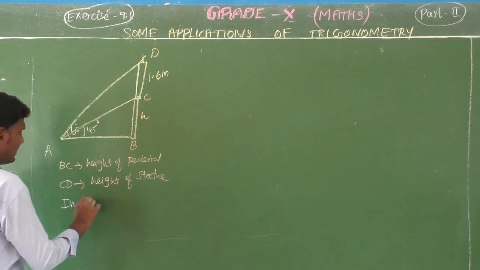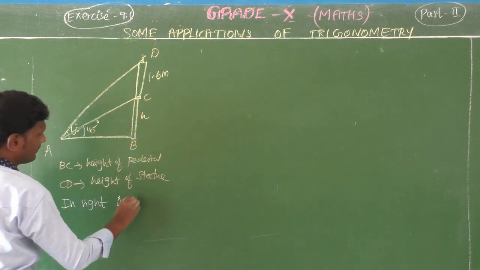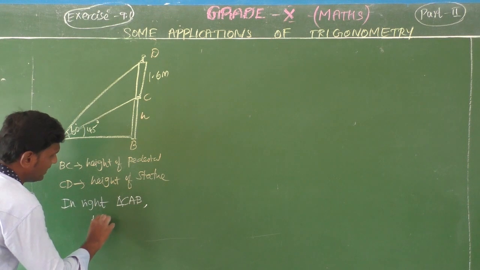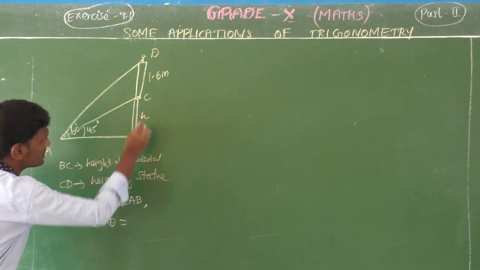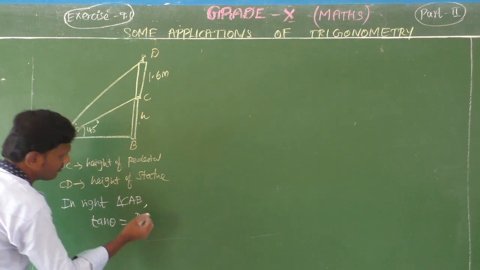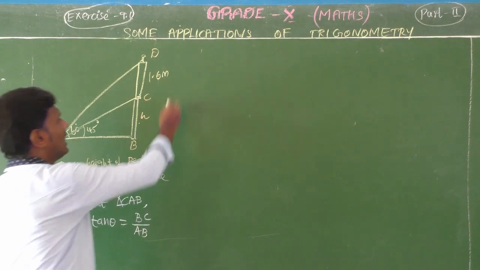Now in right triangle CAB, whichever letters you give, that is your wish. Now tan theta is equal to opposite side BC divided by adjacent side AB. Here theta is 45 degree.